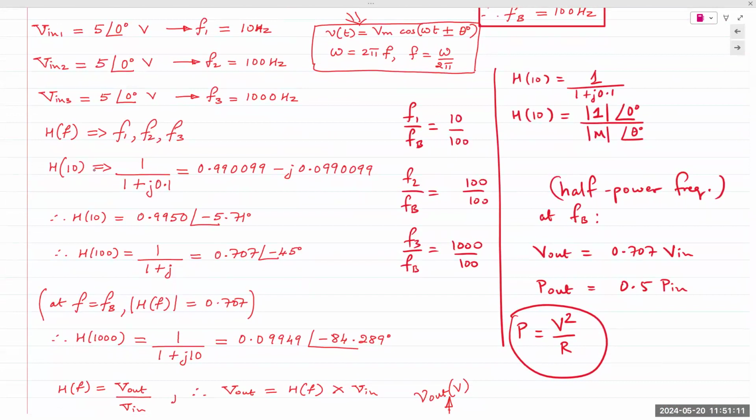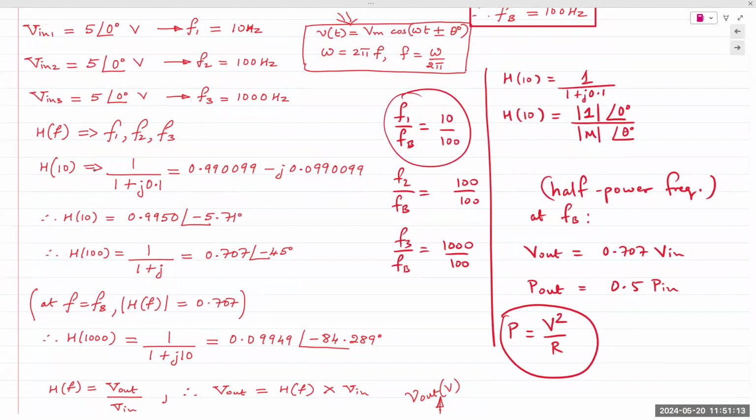So f has 10, has 100, and has 1000. And we obtain 0.1, 1, and 10. So for f1, H of 10 becomes 0.1, j 0.1. H of 100 is 1j, and H of 1000 is j10.